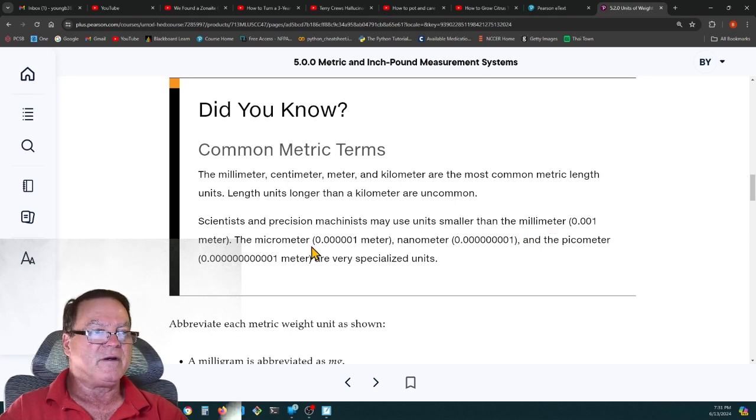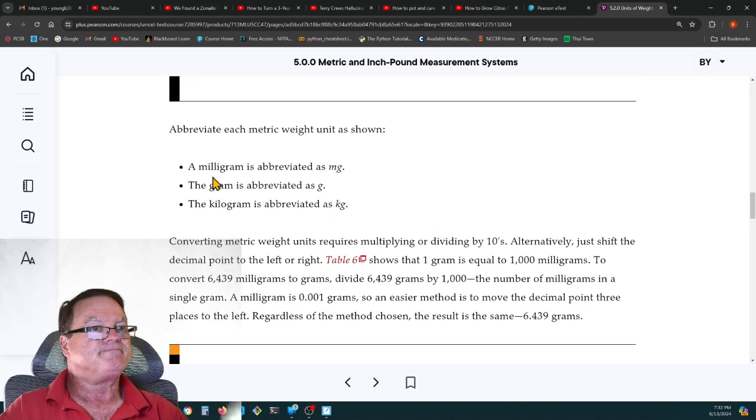The micrometer is 1/1,000,000th of a meter. The nanometer is 1/1,000,000,000th of a meter, and the picometer is 1/1,000,000,000,000th of a meter. And then they abbreviate milligram as mg, gram as g, and kilogram as kg.